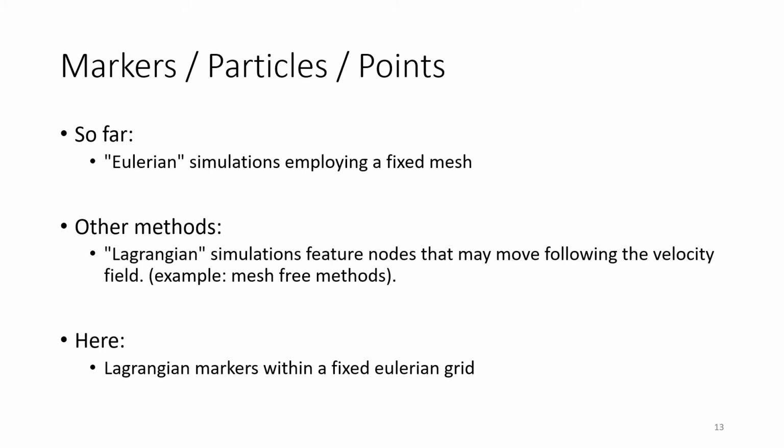There are also other methods. If you go to really advanced numerical ideas, like mesh-free methods, you skip this Eulerian grid and you're only considering discrete particles moving relative to each other.